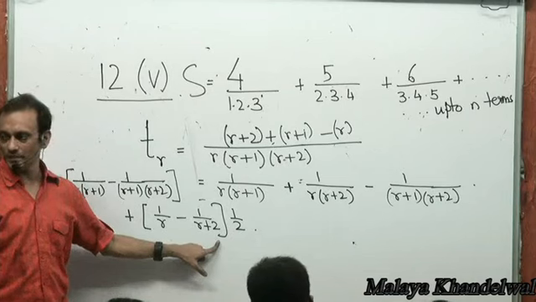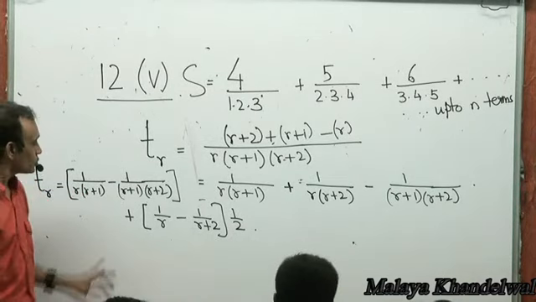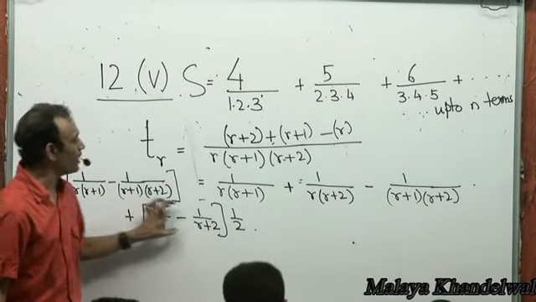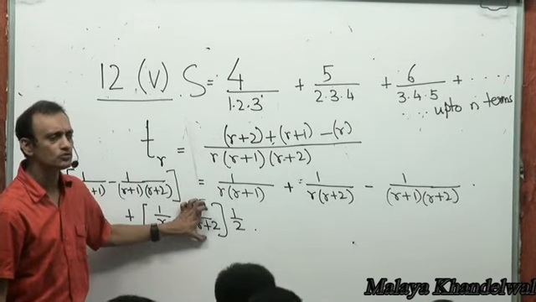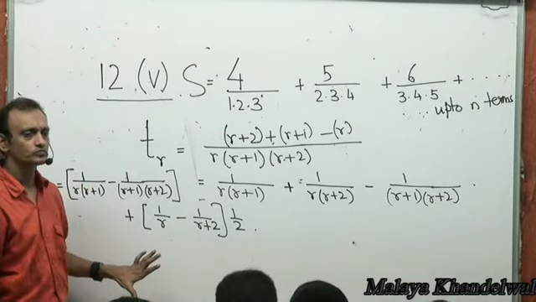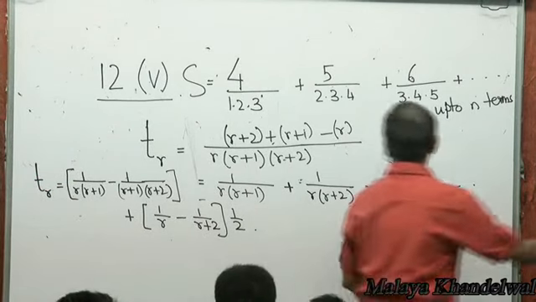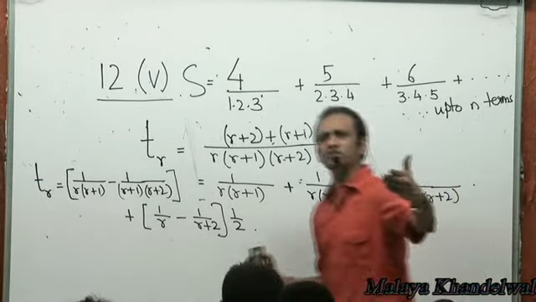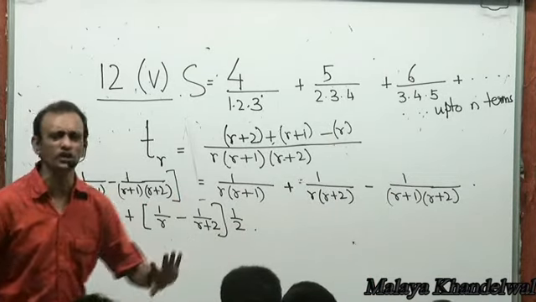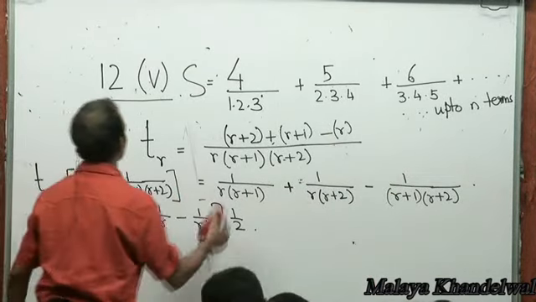So if this is some Q of r, this will be Q of r plus 2. Yes or no? You know what I'm saying? So this is fine. What Raj you were saying is also fine. They're all equally good. There is no major difference.